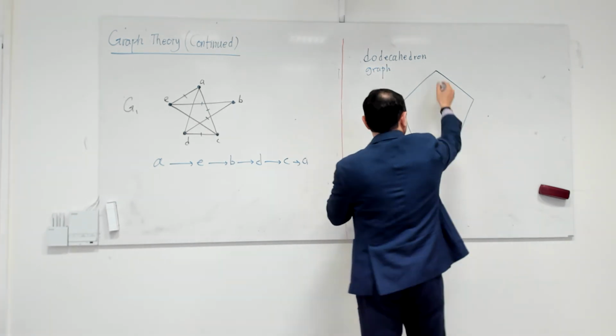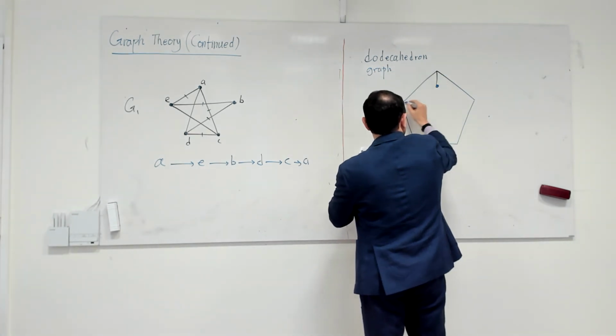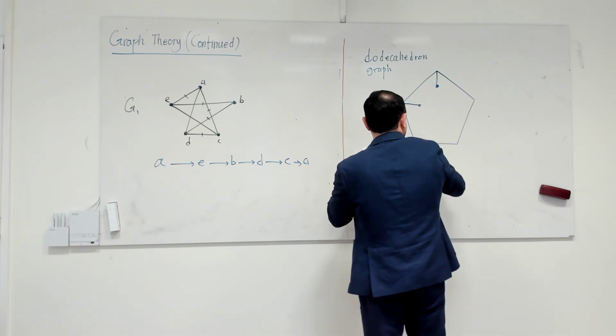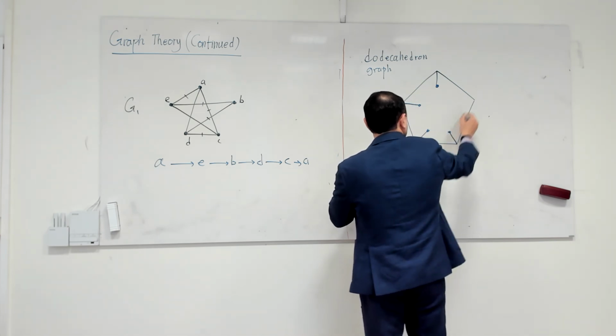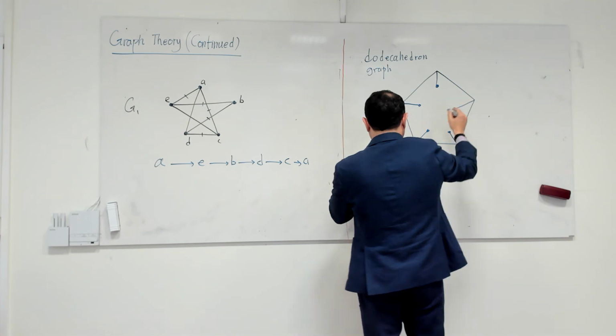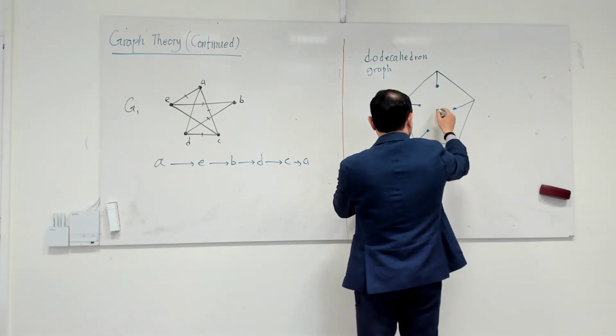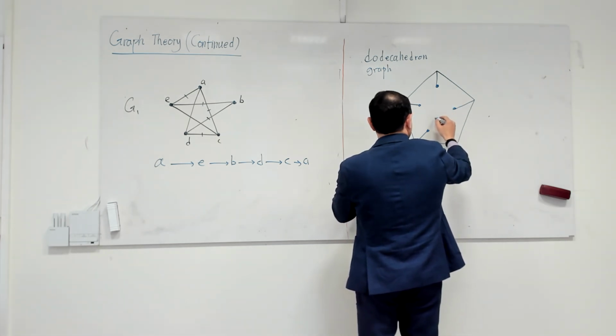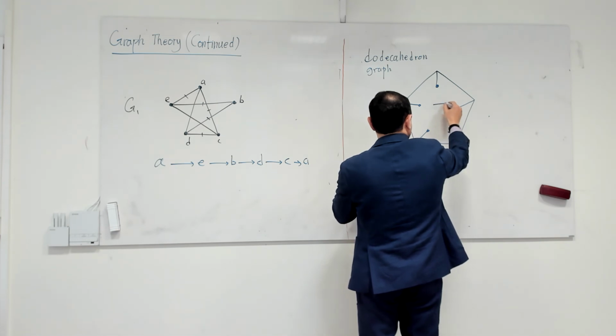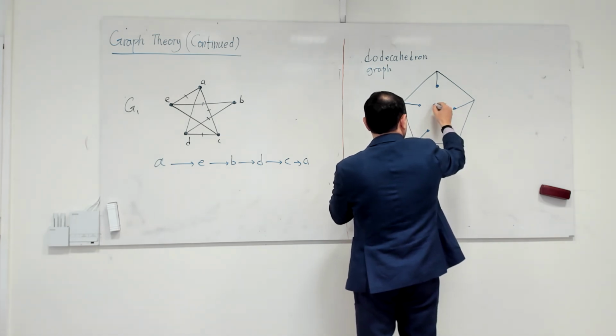Then you have a line from each vertex. It's similar to the Petersen graph, but more complicated. And then you have an upside down pentagon here.